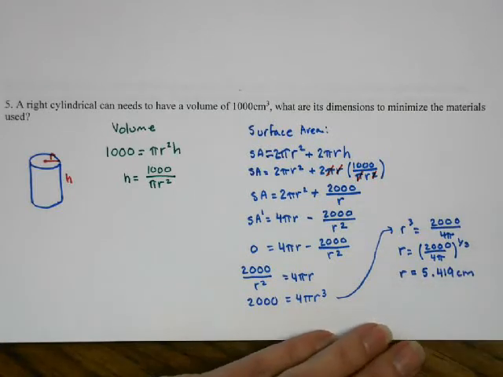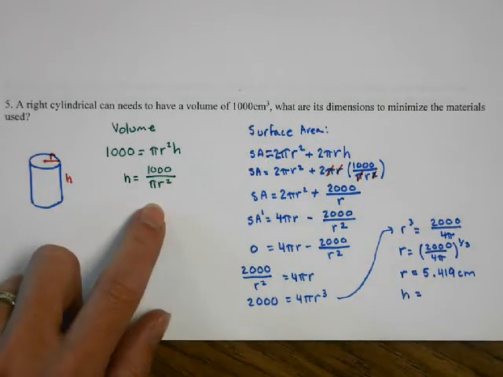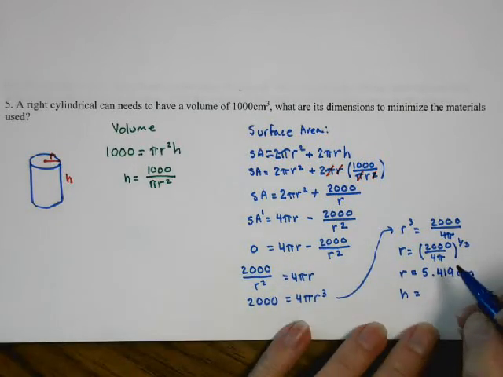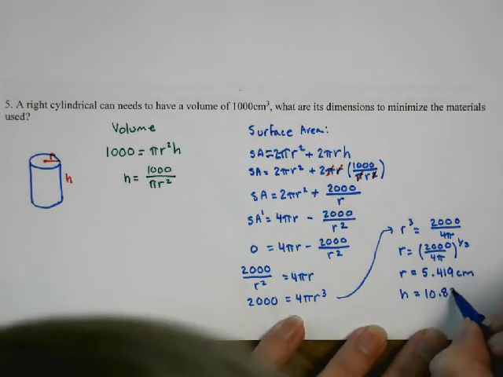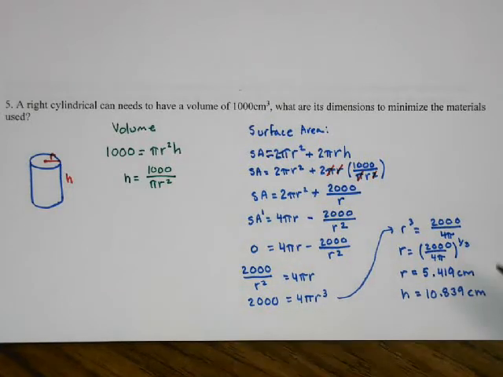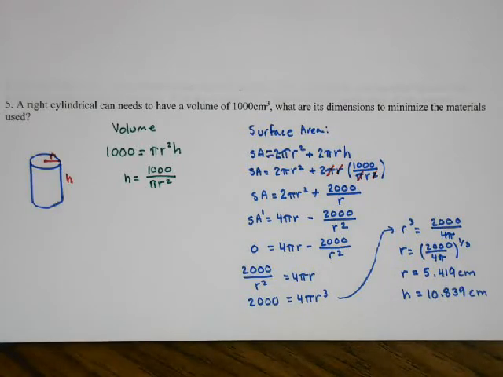This will be centimeters. The height, we're going to take the r that we just found and plug it back into this. So in the calculator, that gives us 10.839. And there is kind of an interesting thing: the height is always going to be double the radius, or if you think about it, the diameter and the height are always going to be the same on the most economical shape.